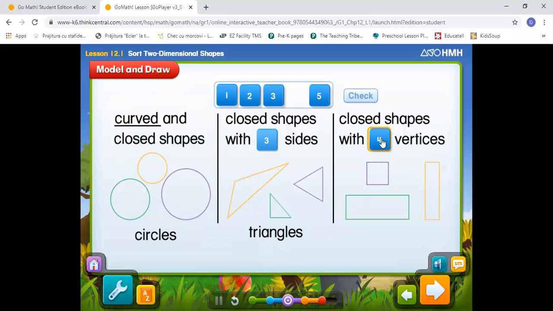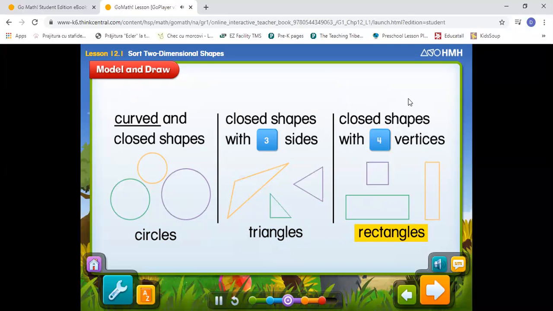These are the sides and these are the vertices. 1, 2, 3, 4. Let's check. That's it. All these closed shapes have 4 vertices or corners. They are all rectangles. A rectangle has 4 sides and 4 vertices or corners. A square is a special kind of rectangle. A square has 4 sides that are all the same length.